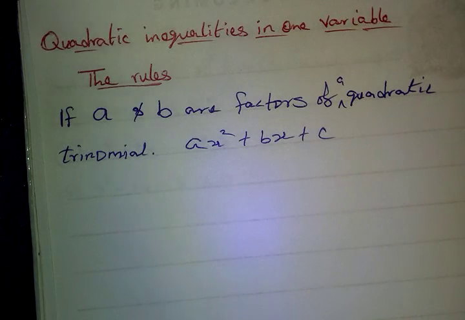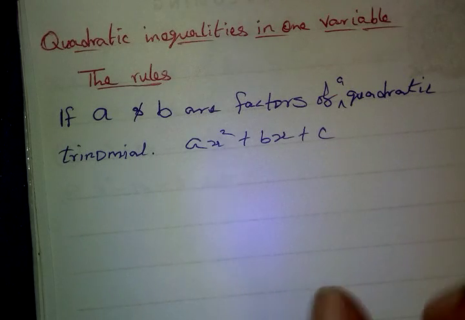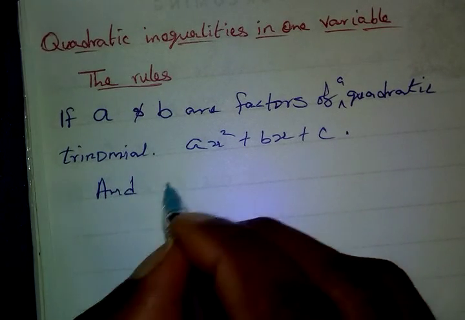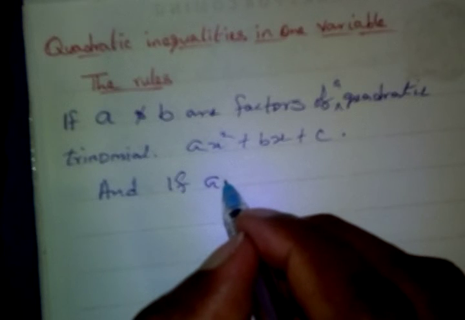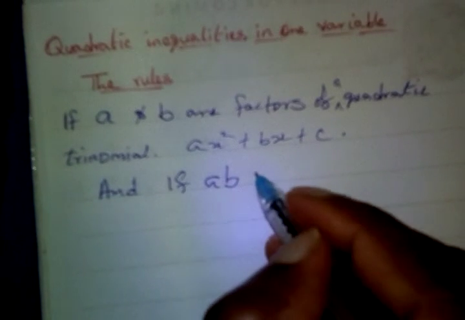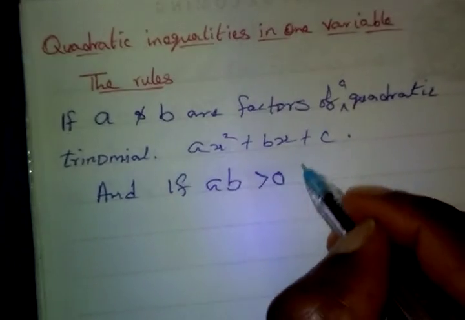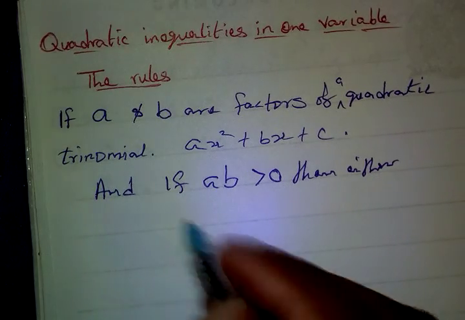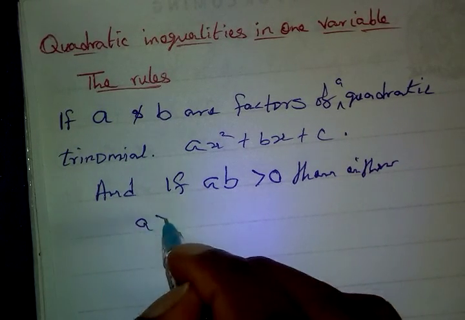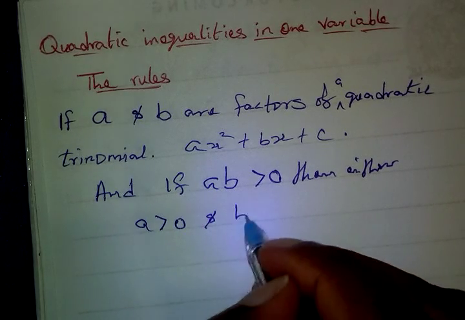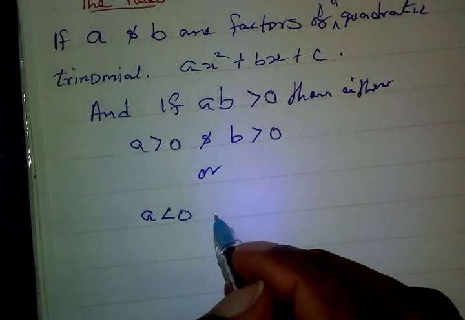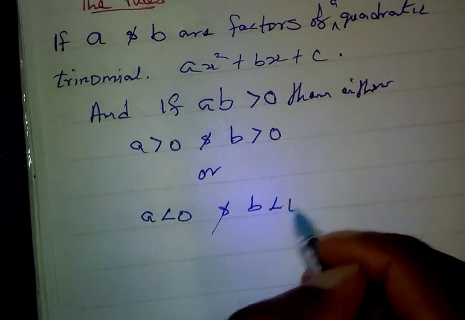If a and b are factors of a quadratic trinomial, and if ab, that is the product of a and b, is greater than 0, then either a is greater than 0 and b is greater than 0, or we say that a is less than 0 and b is less than 0.